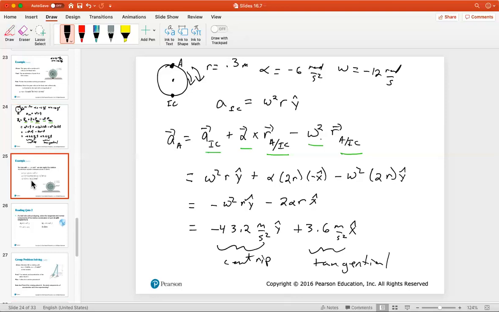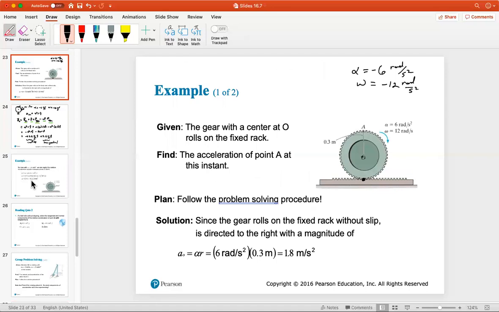Let's compare this to how they did it. If I remember right, they went through a different analysis.